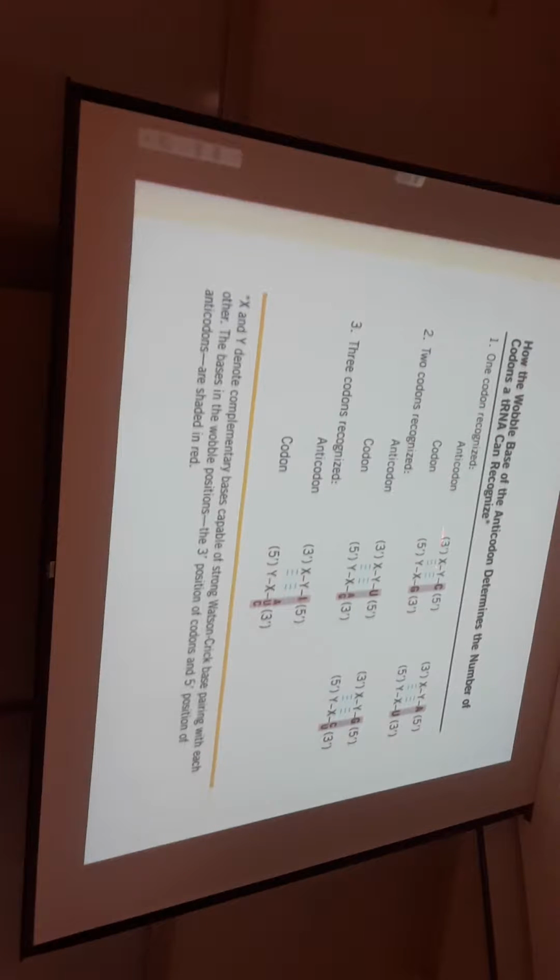Okay, so let's first take a look at this slide. We see that if in this position, the first position of the anticodon, we have a C or an A, the interaction is specific, so the complementary bases, namely a G or a U, respectively, will be bound. Okay, so if we have these two nucleotides, the C or the A, in this first position of the anticodon, only one codon will be recognized. And that depends, of course, also on the nature of X and Y here.